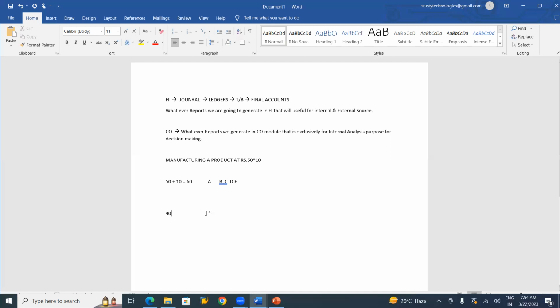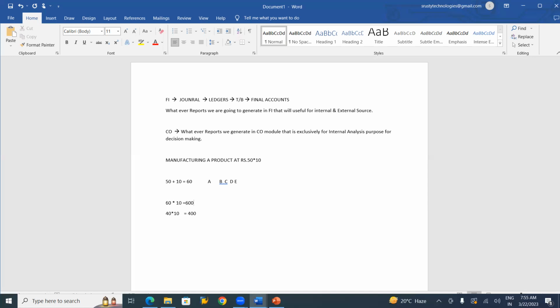So here 10 products at 40 equal 400. And in the other month, we have sold all the products at 60 rupees each, so we have generated 600.